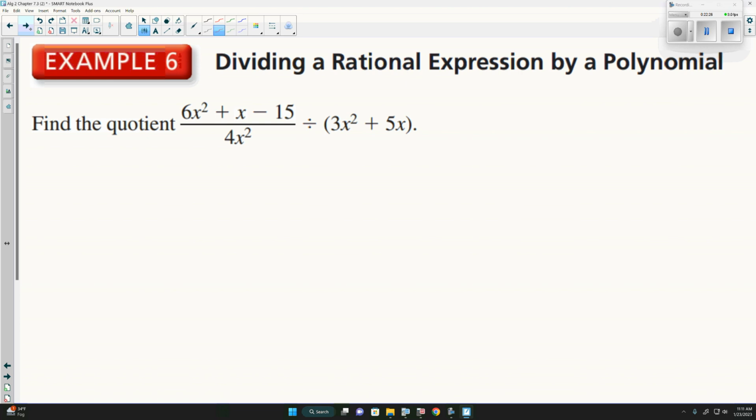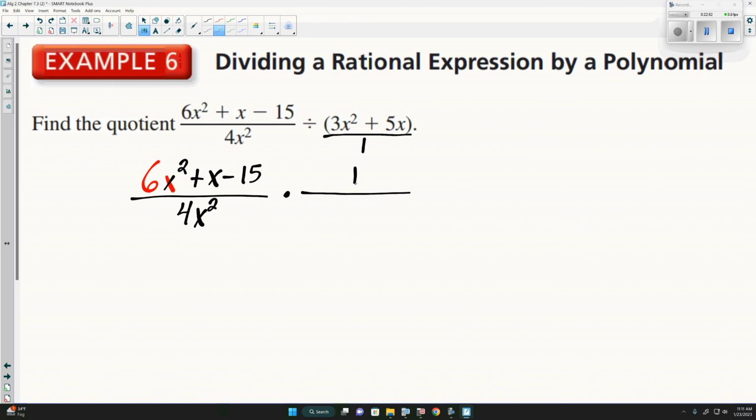So we look at this here. What is the denominator of our 3x squared plus 5x? It would be 1. Since there's not a denominator written, it's understood to be 1. So when you do our first step of dividing rational expressions, we change it from division to multiplication and flip it, our new numerator is 1.